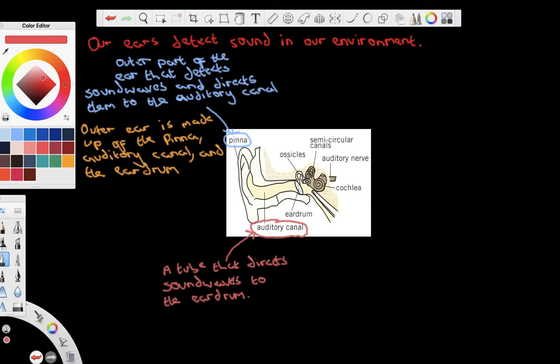The eardrum is just a thin sheet of skin which sound waves bang upon. Okay? So we can say that the eardrum is a thin sheet of skin which sound waves bang upon.